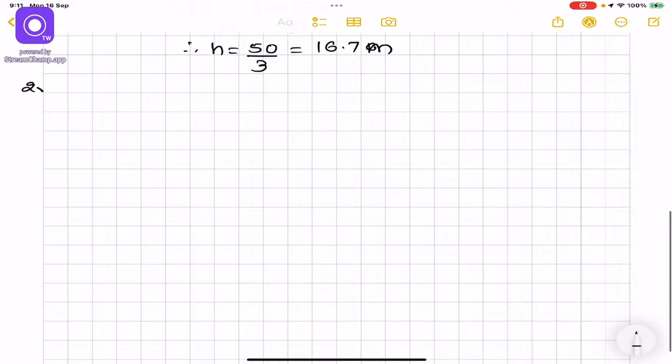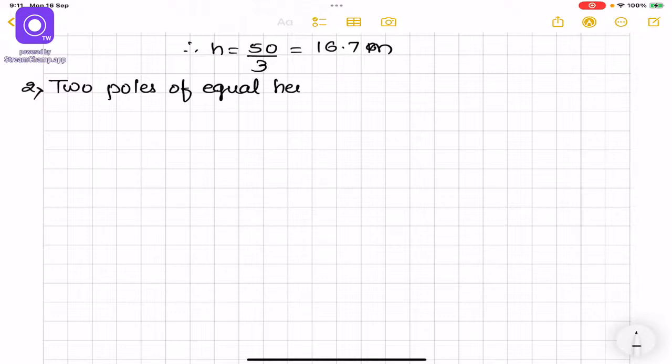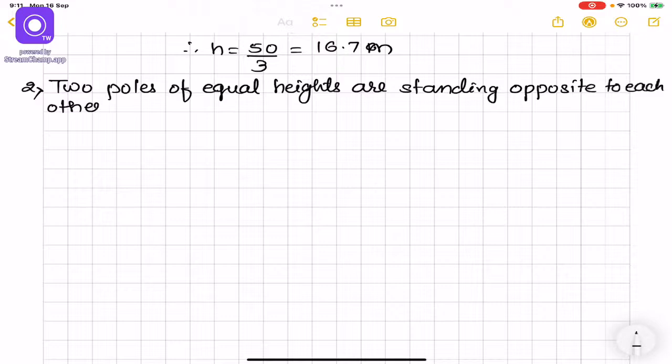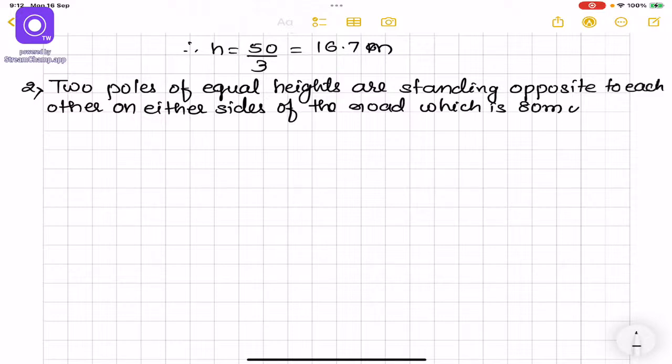Now, coming to the second question. The second question says: two poles of equal heights are standing opposite to each other on either sides of the road, which is 80 meter wide.